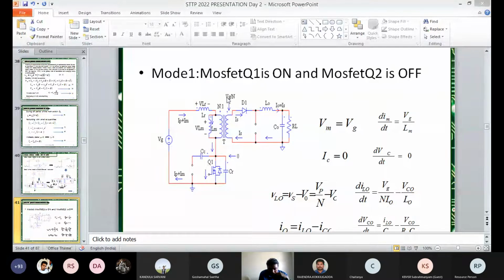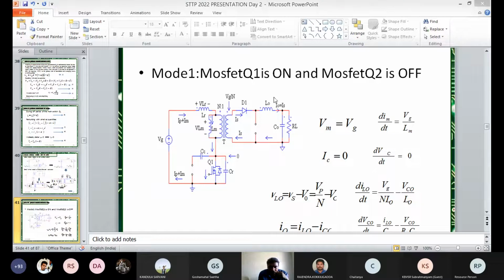The current through the filter inductor IL0 I choose as another state variable. The voltage across the output capacitor V0 is one state variable, and the voltage across the clamp capacitor VC is the other. So I am choosing four state variables: the inductor currents and the capacitor voltages.